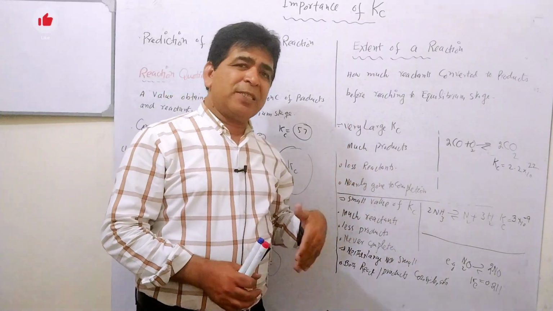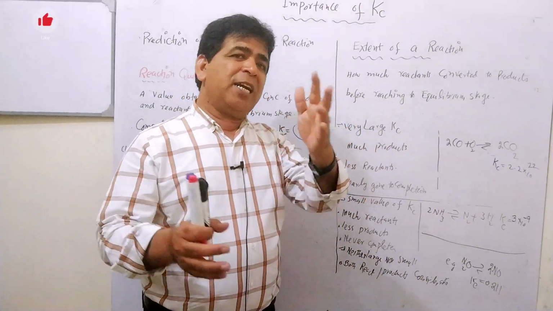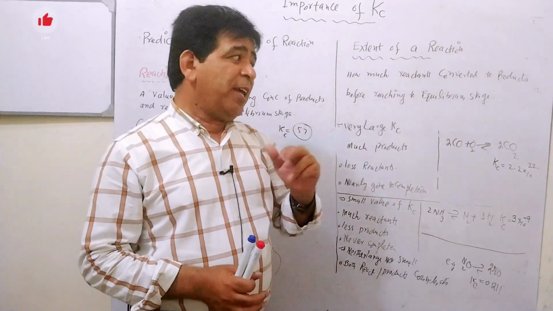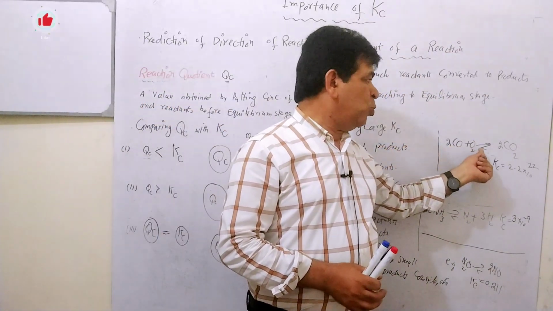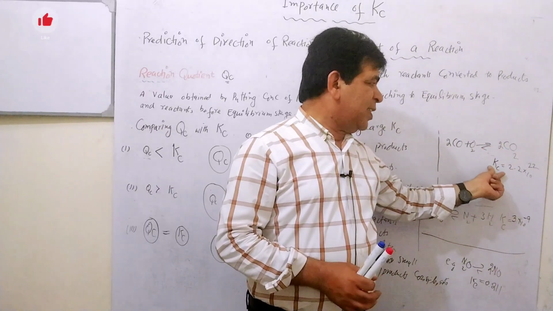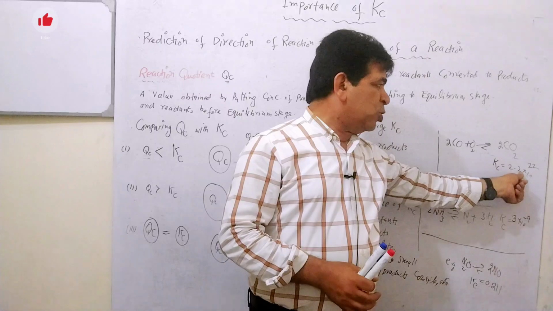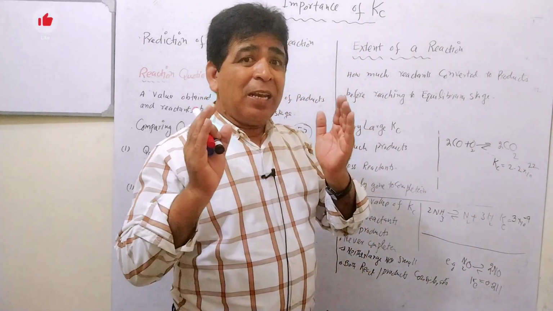The first is the large value of Kc. If we have a reaction and its Kc value is very large, like 2CO plus O2 in a reversible reaction goes into 2CO2, and its Kc value is 2.2 into 10 raised to the power 22. It means it is a very large value.